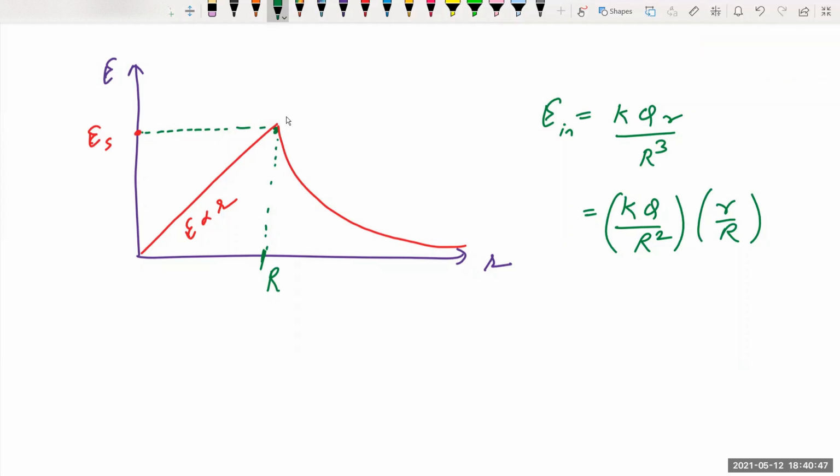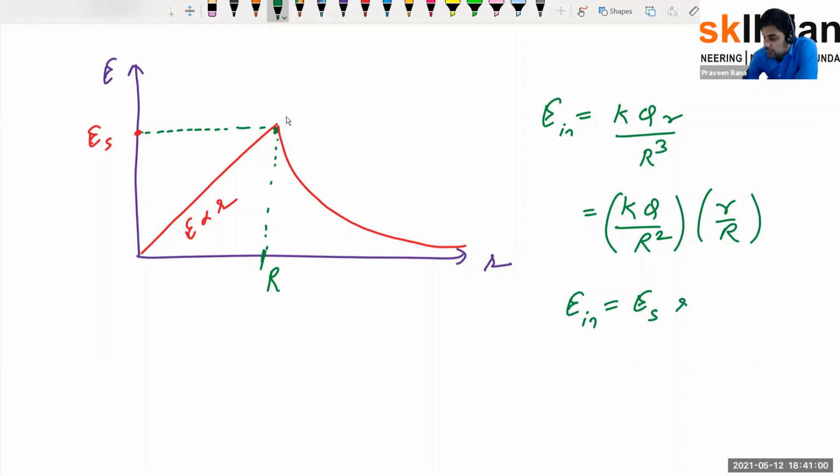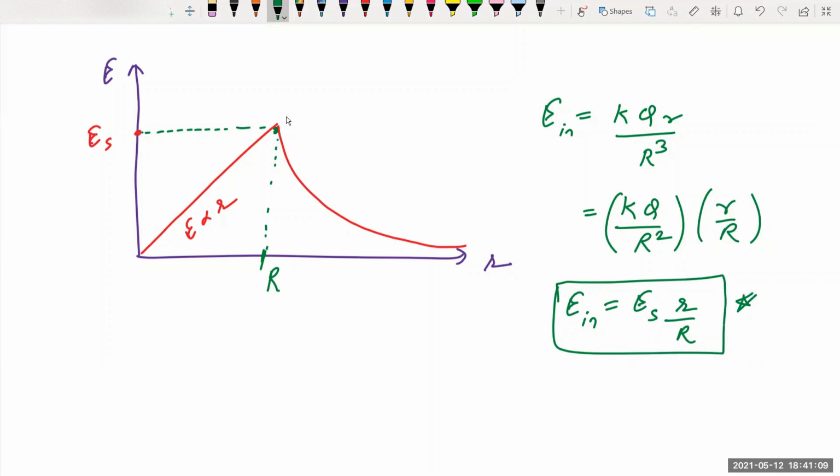The electric field outside, because we have used capital R. Actually, the first one is on the surface. So you can say electric field on the surface is given by this formula. In some questions, if you are given the electric field on the surface and asked what would be the value of electric field inside, you could start from this formula.